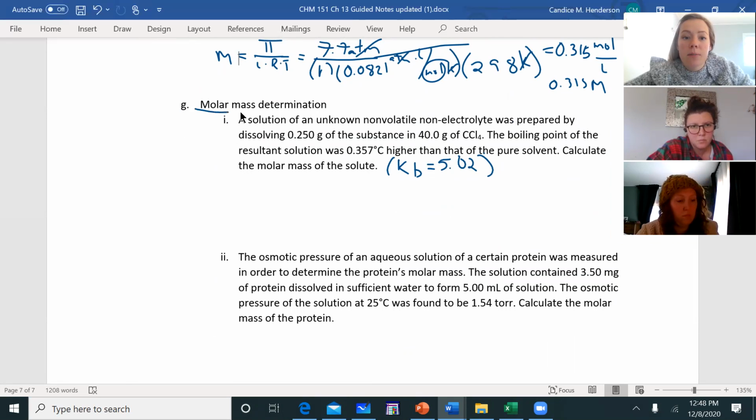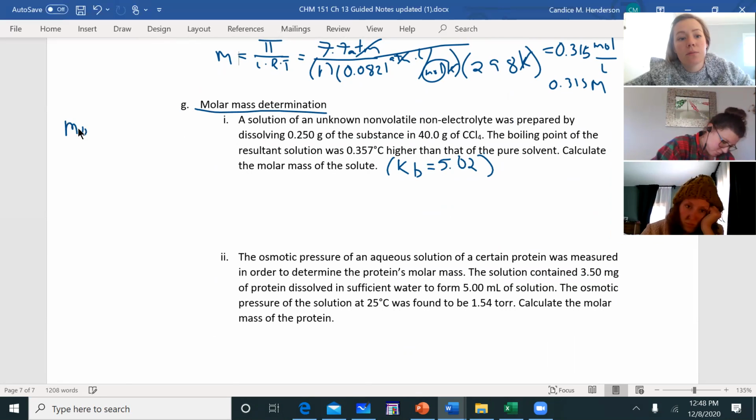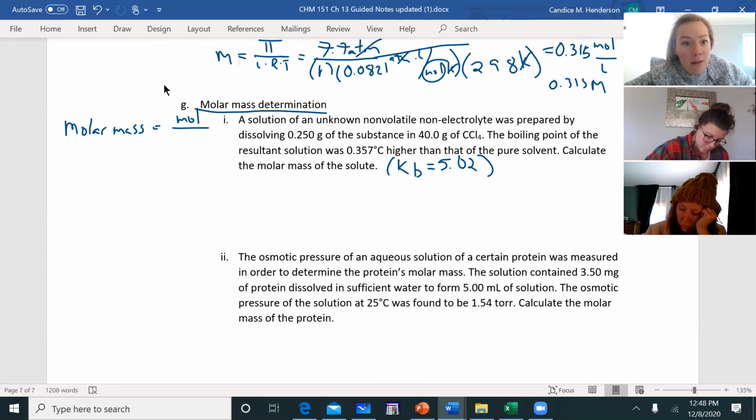So for molar mass determination, let's remember what molar mass is. Molar mass is equal to moles over, or I'm sorry, grams per mole. My bad. I'm like wanting to go moles per liter.